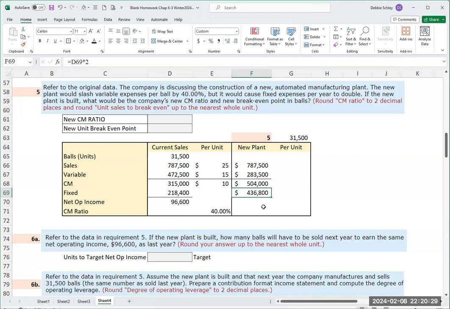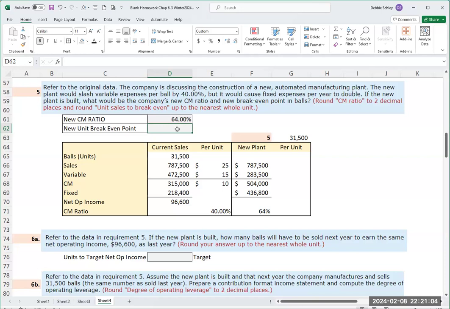And I think that's as far as I need to go. So my new contribution margin ratio would be contribution margin divided by sales. So my new contribution margin ratio is going to equal 64%. And notice I didn't have it rounded here, but those decimals are still there, and mine came out even anyway, but I rounded it to 2 decimal places.